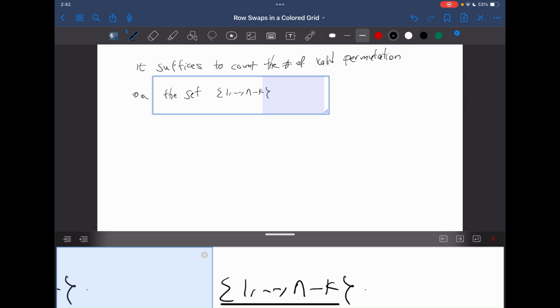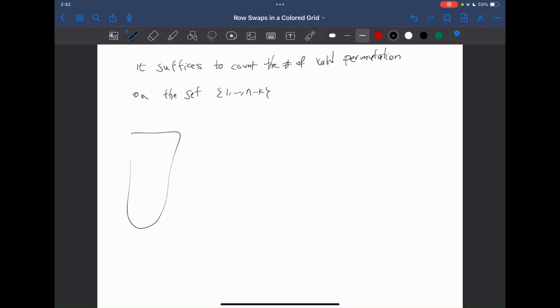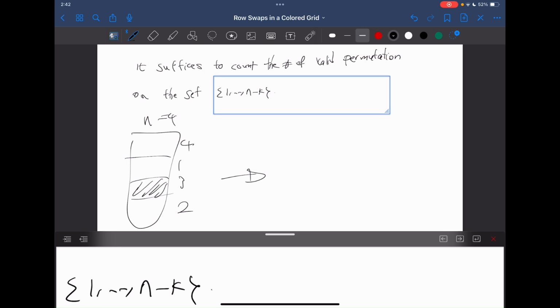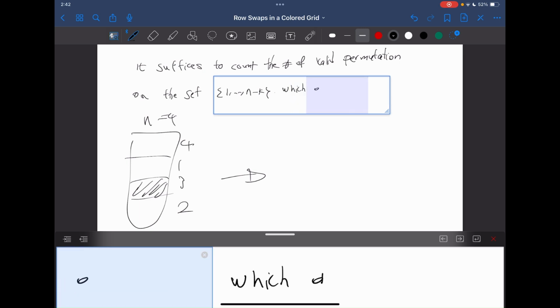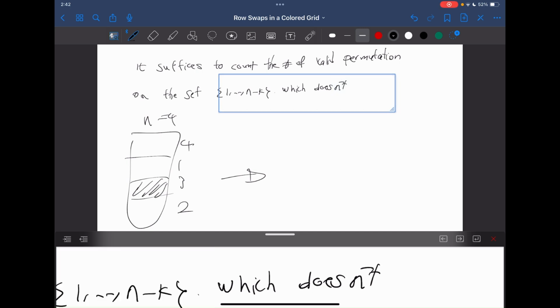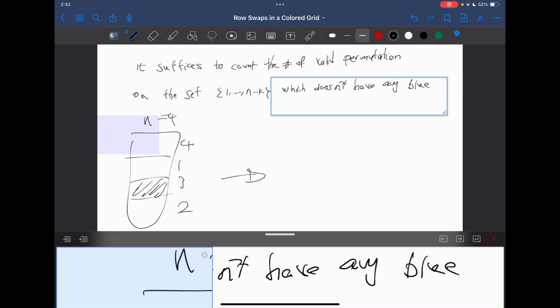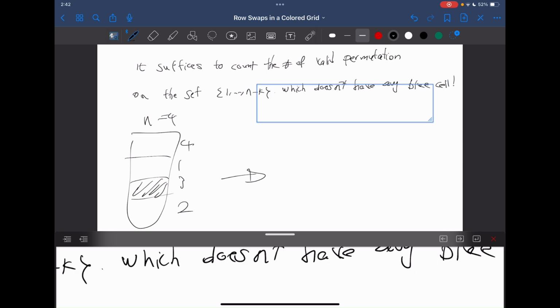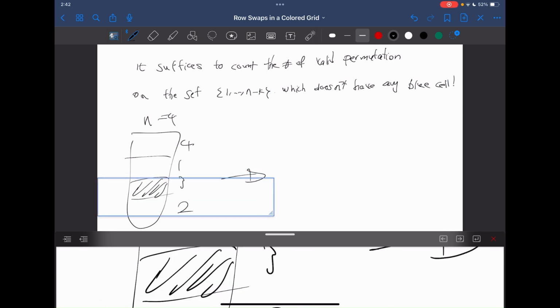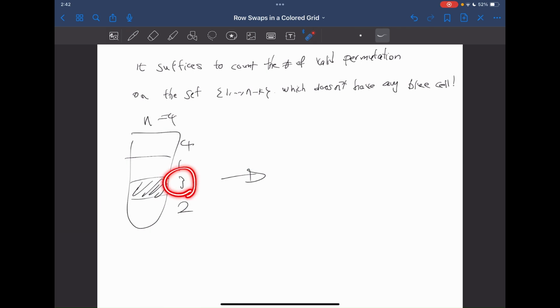Why is this true? Let me explain by an example. Suppose that I have 4, 1, 3, 2. So n is 4 here. This is equivalent to the set 1 to n minus k, which does not have any blue cell. Here n is equal to 4 and I have one blue cell at location 3.